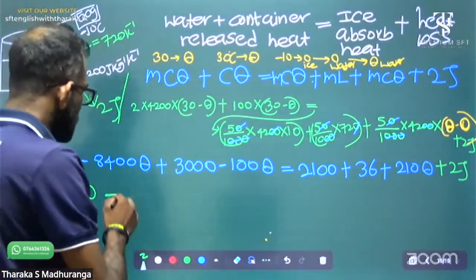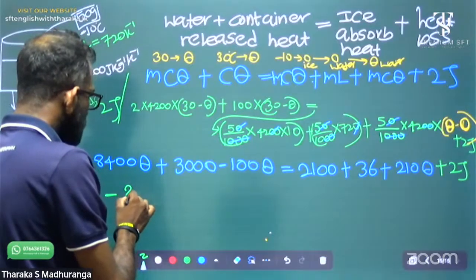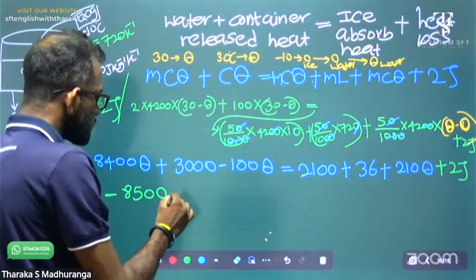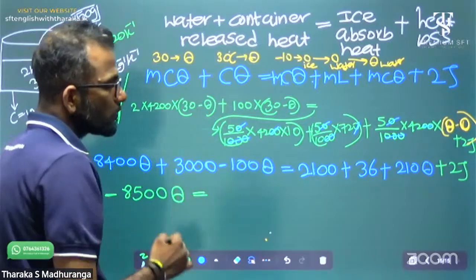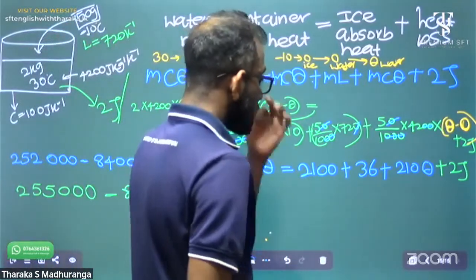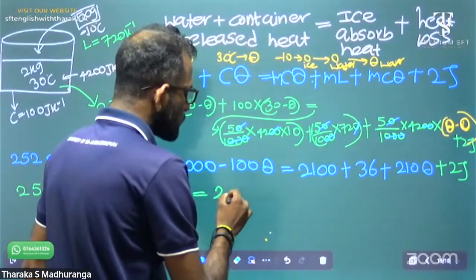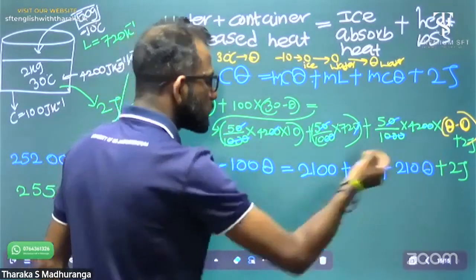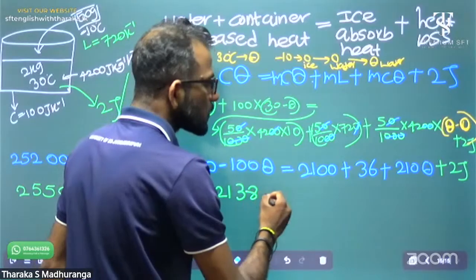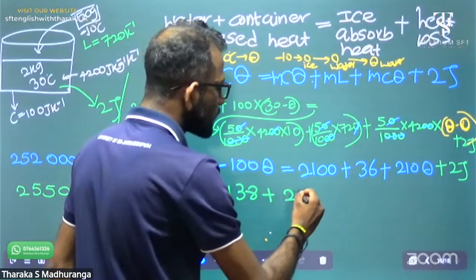Then what is the value? Minus 8,500 theta equals 2,136 plus 2, 38, plus 210 theta. The product is simple.